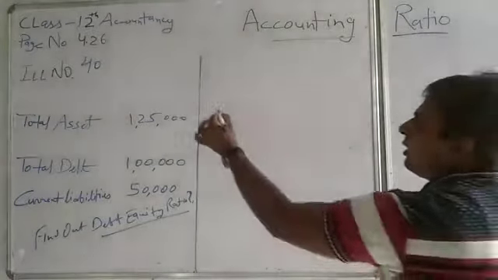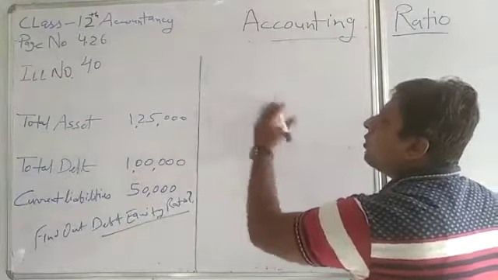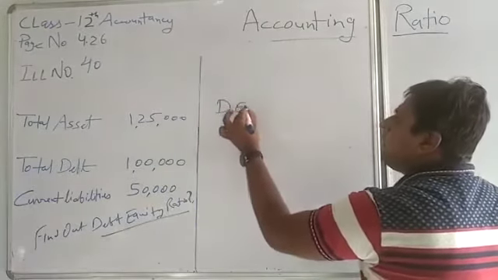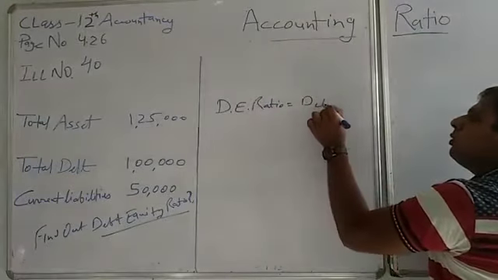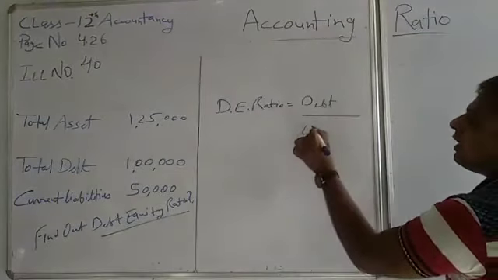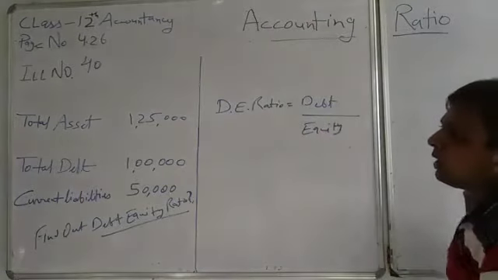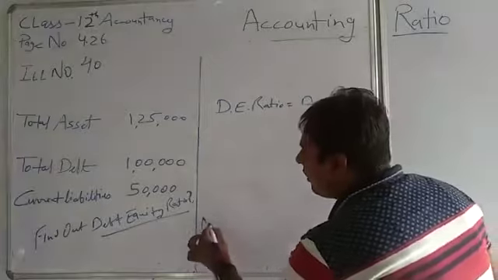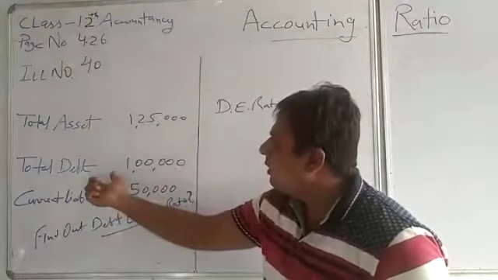Here is the solution. As we know, I am writing in short, debt equity ratio is equal to debt divided by equity. What is debt?